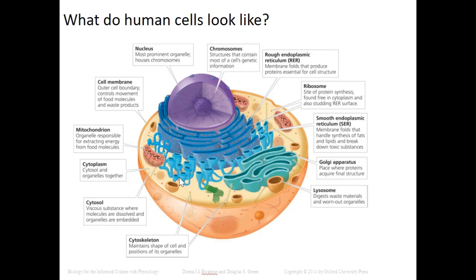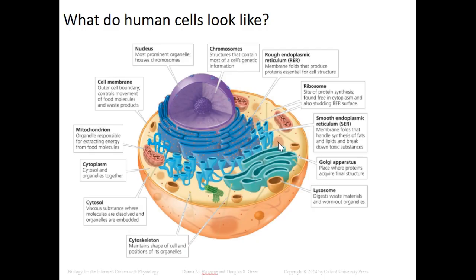Right outside the RER, or the rough endoplasmic reticulum, we have the SER, or the smooth endoplasmic reticulum. And this is another set of folded membranes, and this synthesizes fats and breaks down toxic substances. So very similar then to our RER, but just dealing with a different type of molecule.